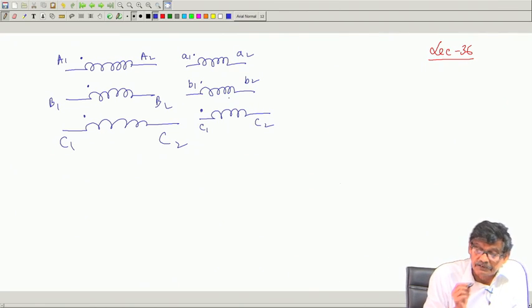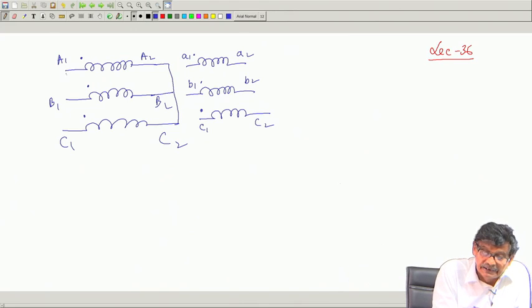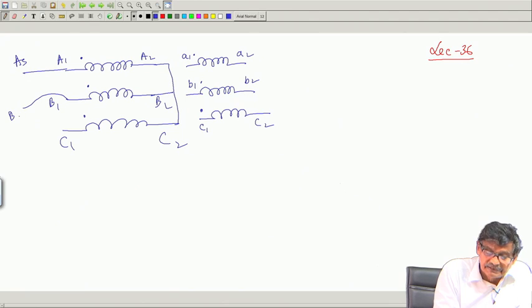Three individual transformers, and I have shorted this, fine, and here I have given supply A s, B s and C s.